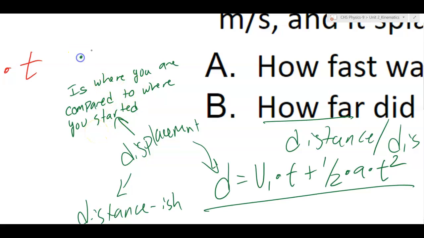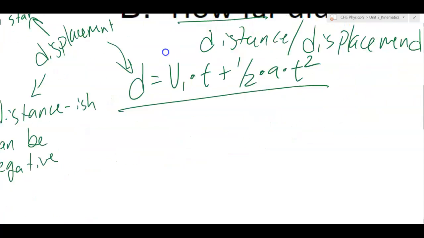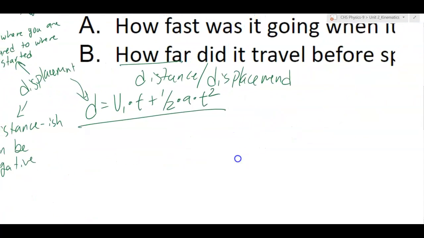So if I start here, I go up, and come back down, the displacement will just be from here to there, if that makes sense. If I'm here, I go up and then I go down, displacement will be there, in which case it would be negative. Okay, anyway, let's get on with the problem.